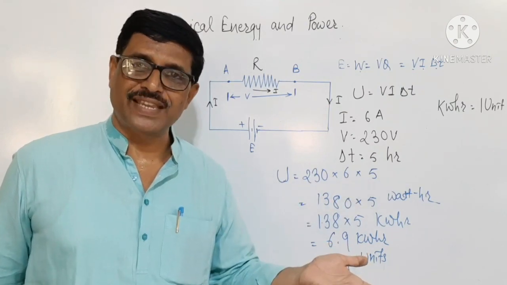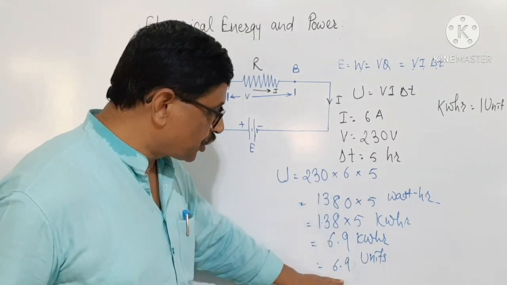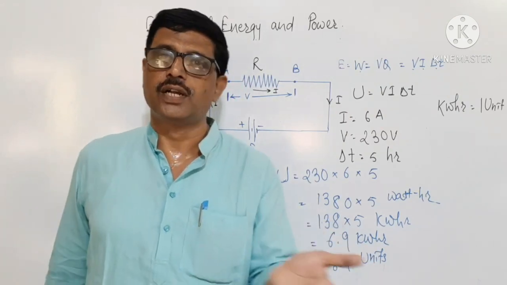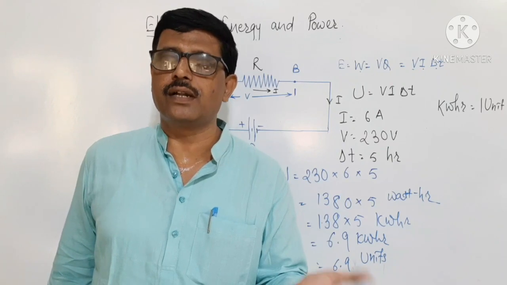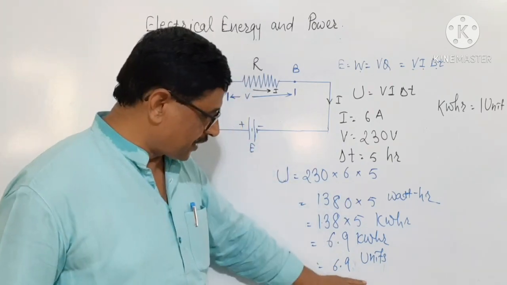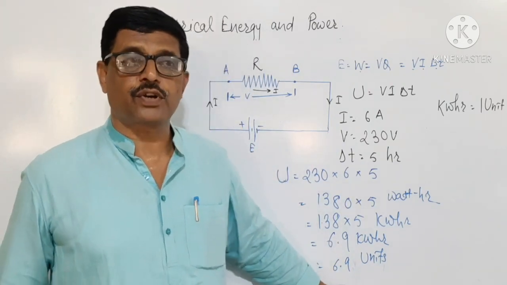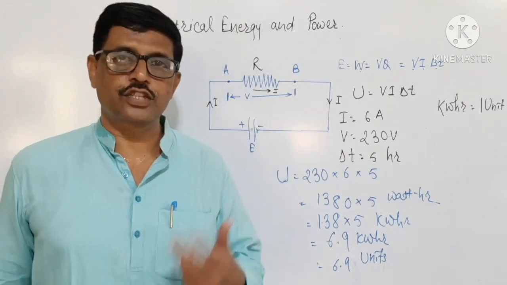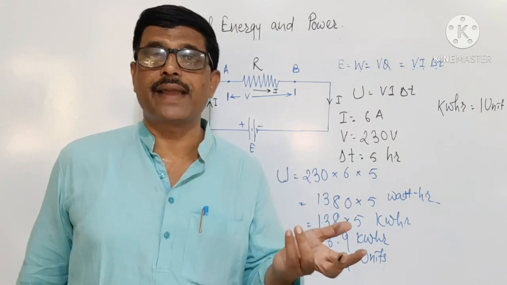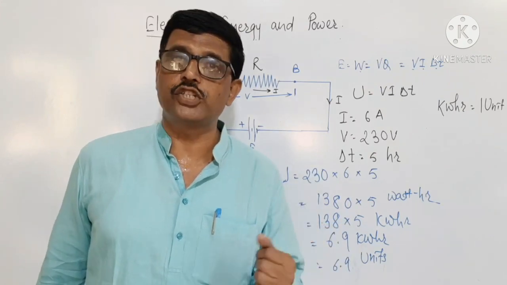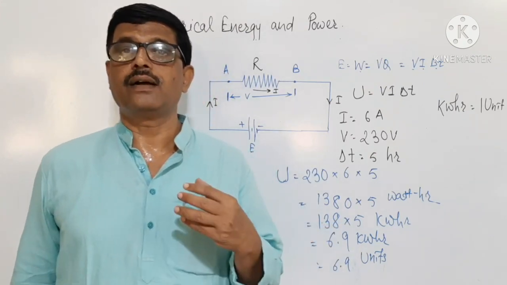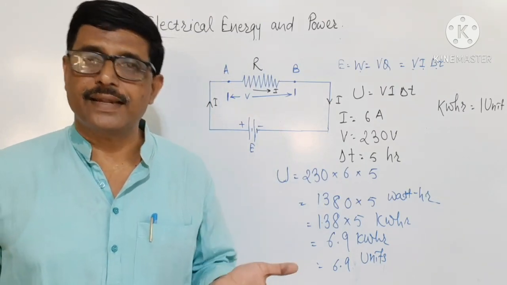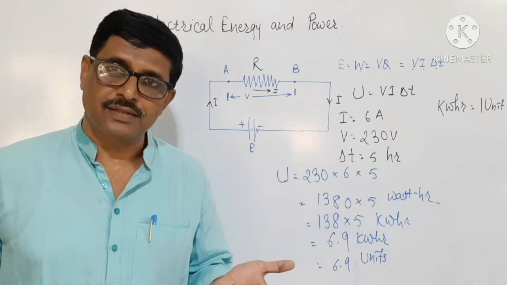For 6.9 units, whatever is the rate decided in Maharashtra, it is about 10 rupees per unit. At that time you have to pay 69 rupees for this consumption of electricity. This is how to determine the amount of energy consumed and what is the power dissipated by the electrical devices.